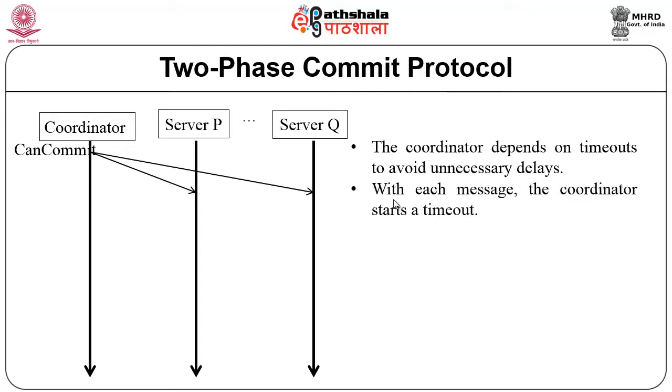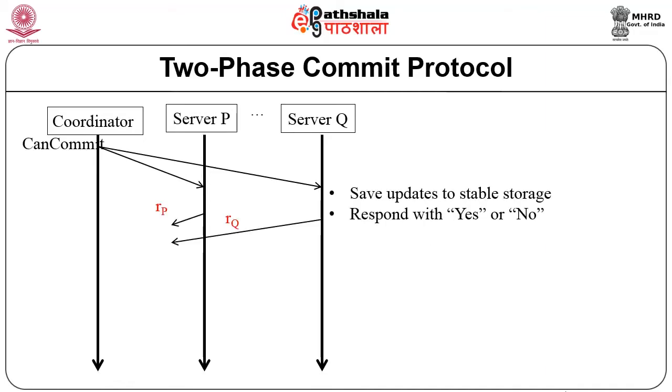This timeout is a very important mechanism in a two-phase commit protocol, because based on this timeout, the coordinator will decide. If a server fails to respond within the timeout, the coordinator decides that it does not want to commit. All the servers' responses will be saved in stable storage, and it will either say yes or no. We take RP and RQ to be the responses of these servers.